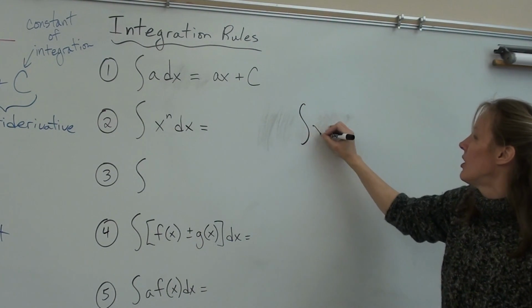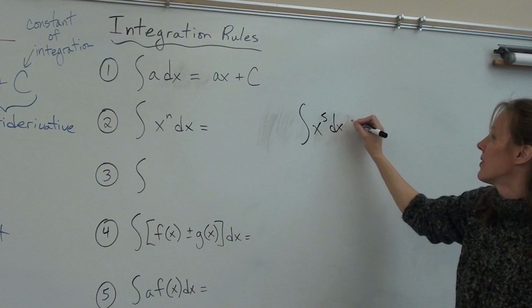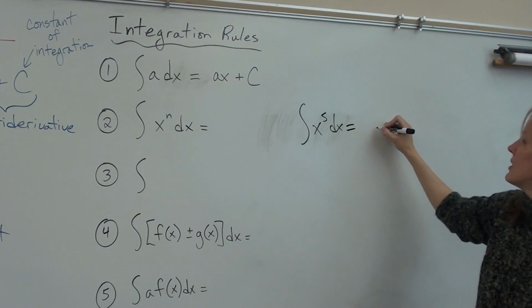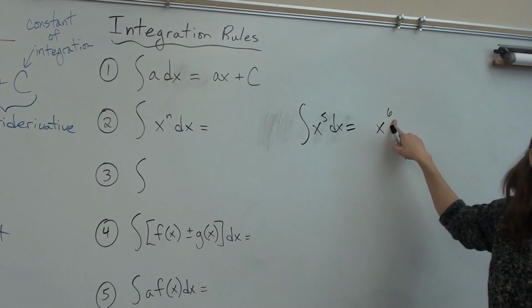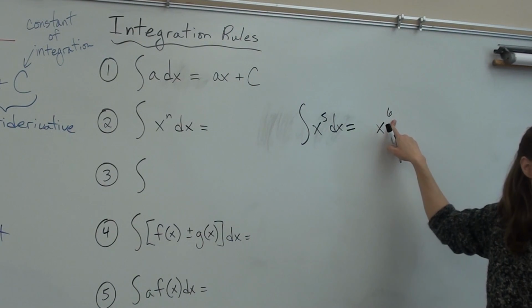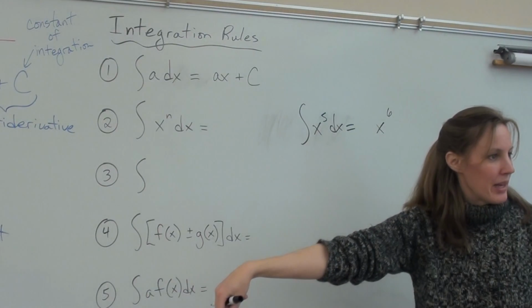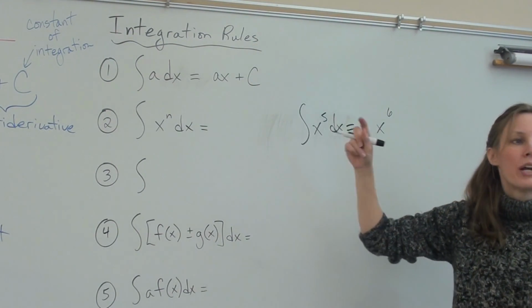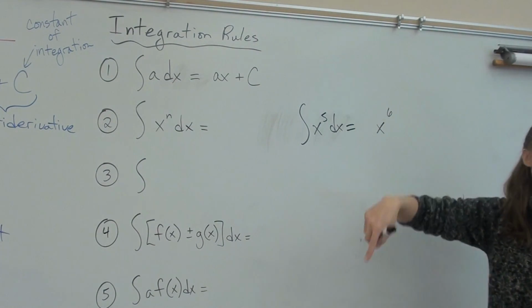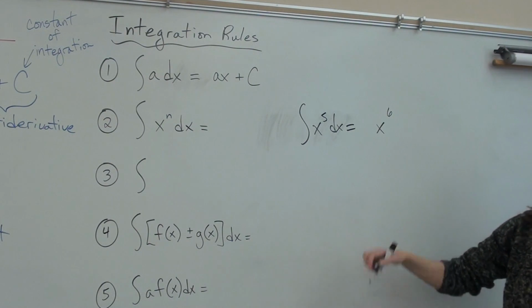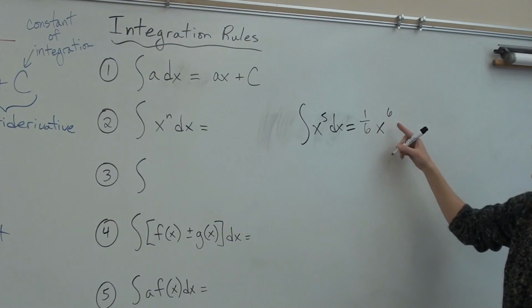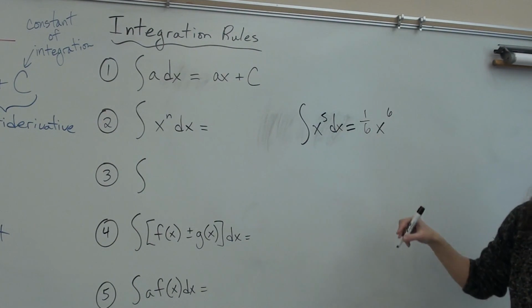So if I'm doing the integral of x to the 5th, the first thing I want to do is add 1 to the exponent. When I did the derivative, I multiplied by the exponent; when I do the integral, I have to divide by the exponent. I don't write it over 6, I put it as a fraction out front.